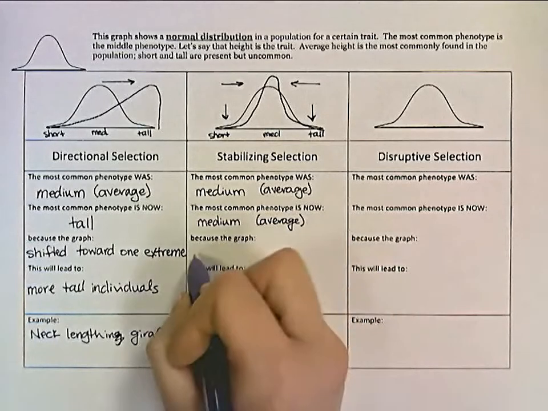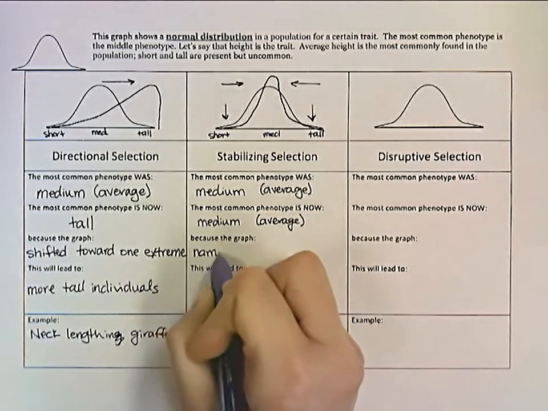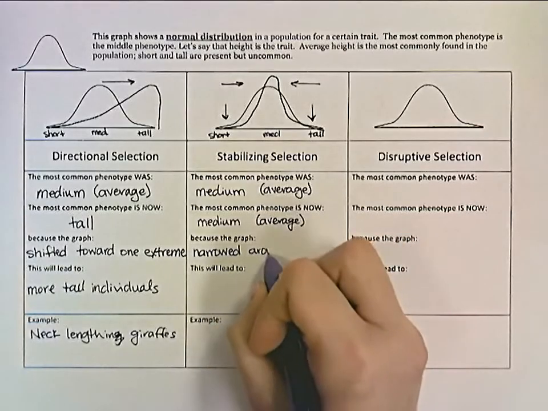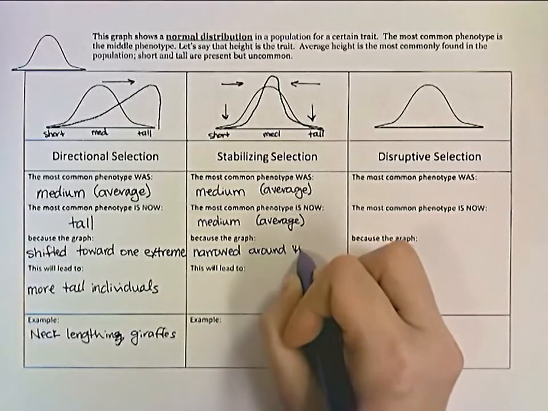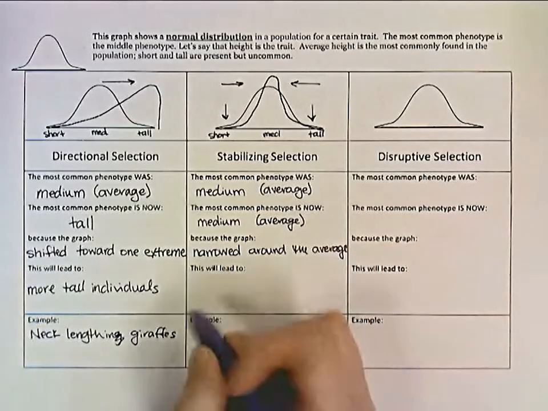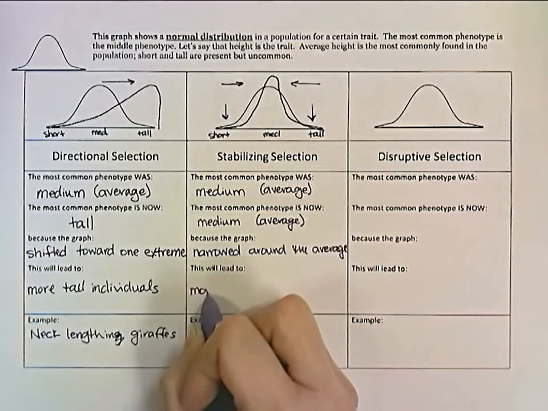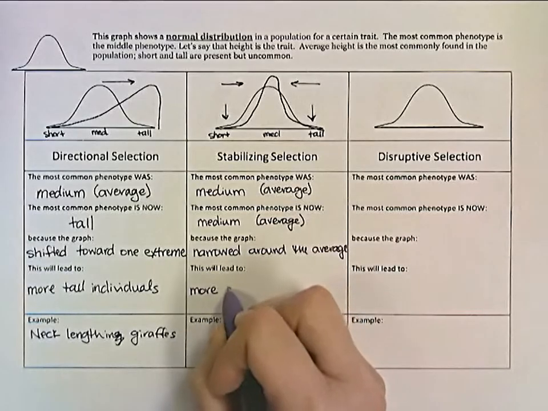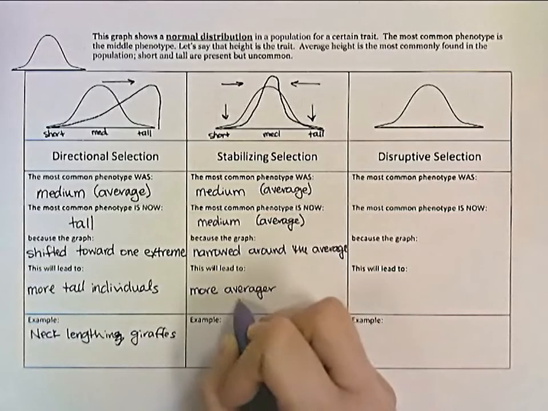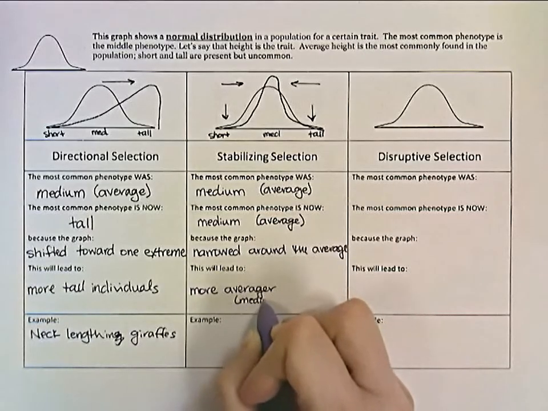So we know this because the graph has narrowed around the average trait, which is going to lead to more average individuals, which is also our medium height in this example.